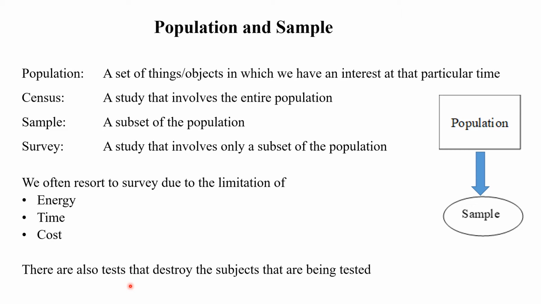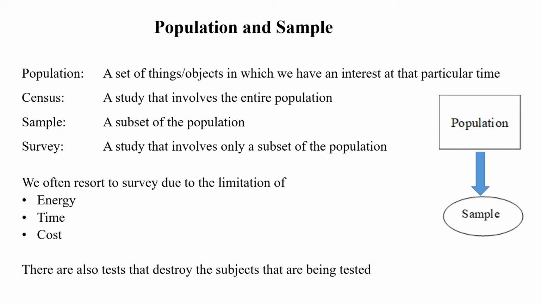Let's say we take 10 bulbs and test them. So the tested products are actually destroyed. So we resort to a sample for this reason, and for specific situations, especially production lines. So we have to take a sample from the population and study this. That process is called sampling.